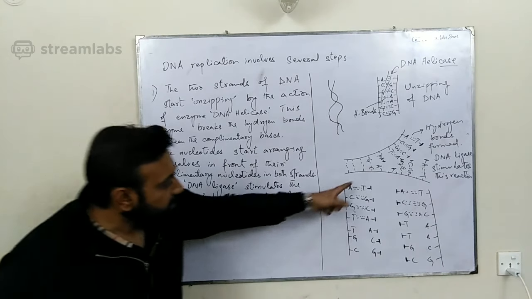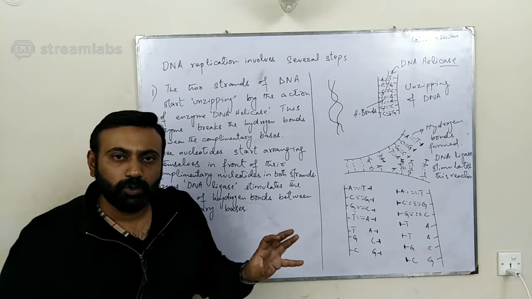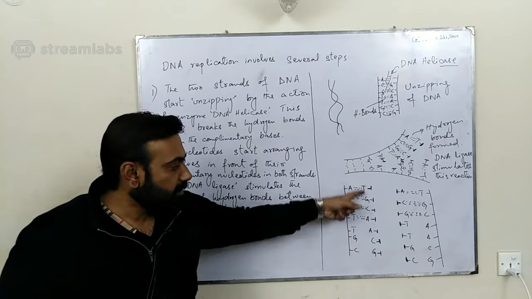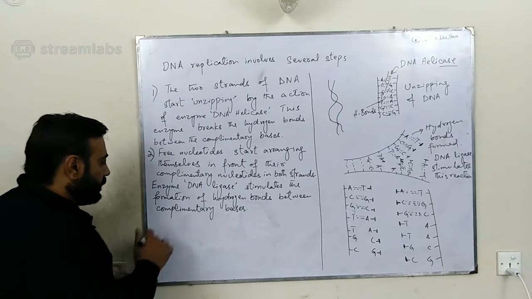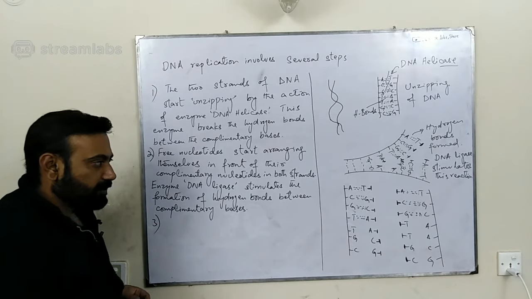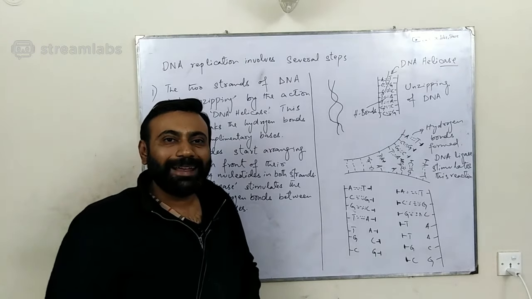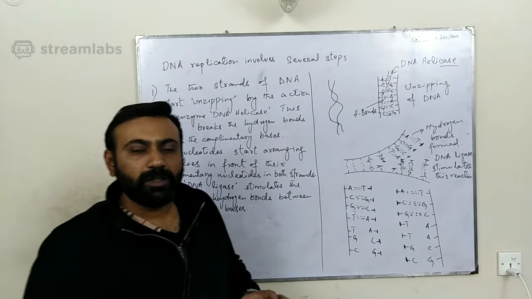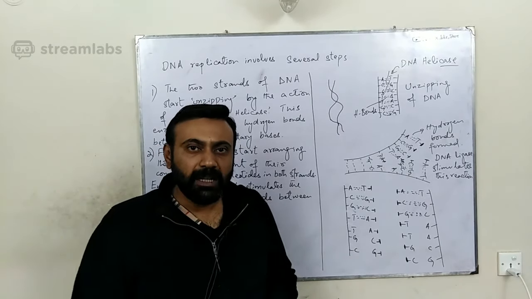Okay, but these new nucleotides are not bonded to each other so far. And that bonding between these nucleotides is the last and final step of this DNA replication process. That is controlled by another enzyme known as DNA polymerase. I told you earlier that nucleotides are the monomers and DNA strands are the polymers.